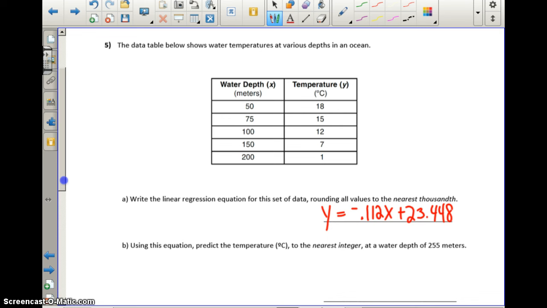When they want a water depth of 255 meters, 255 again is going in for x. So if you have y is equal to negative 0.112 times 255 plus 23.448, this becomes negative 5 degrees Celsius.